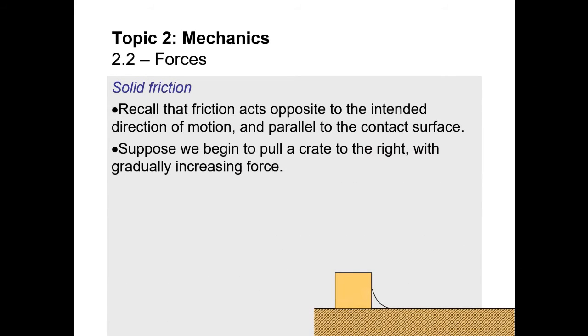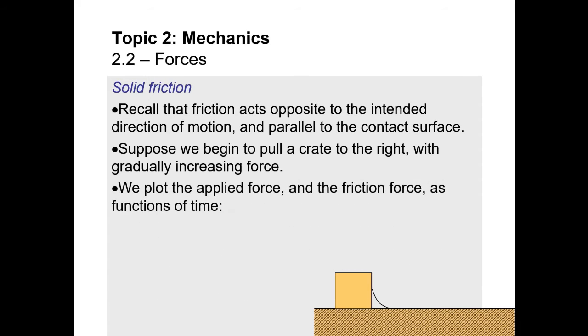Recall that friction acts opposite to the intended direction of motion and parallel to the contact surface. Suppose we begin to pull a crate to the right with a gradually increasing force. We plot the applied force and the friction force as a function of time.